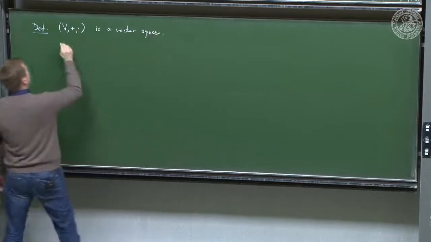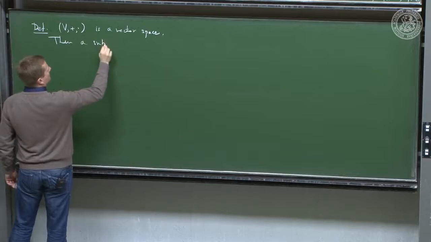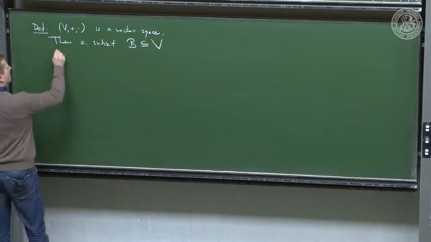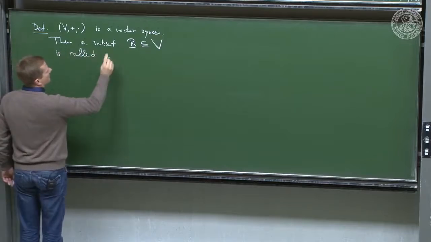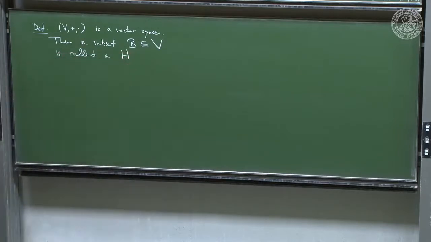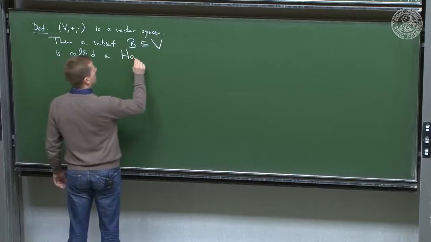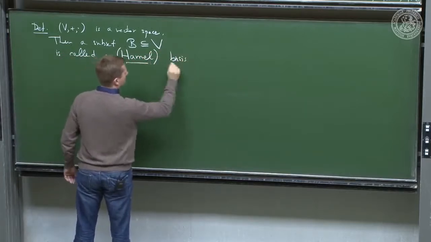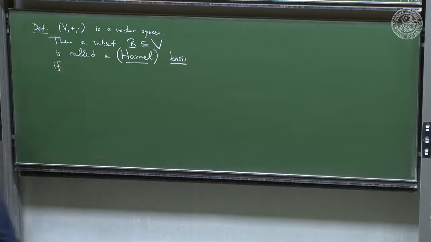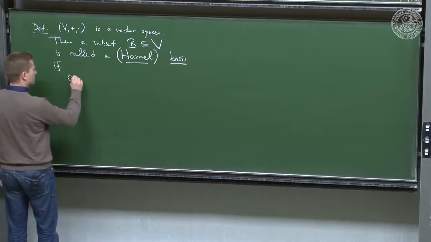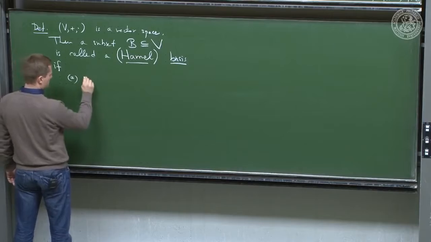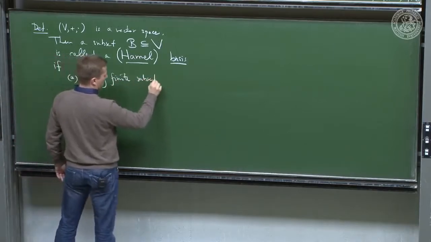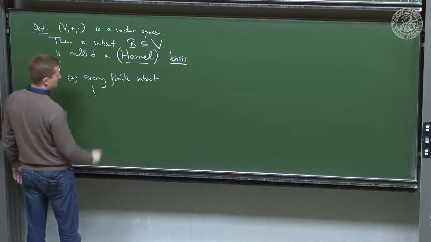then a subset B of V is called a basis. But in order to not cause confusion, we call this a Hamel basis. Called a Hamel basis if A, every finite subset, if it's finite, we can name the elements.